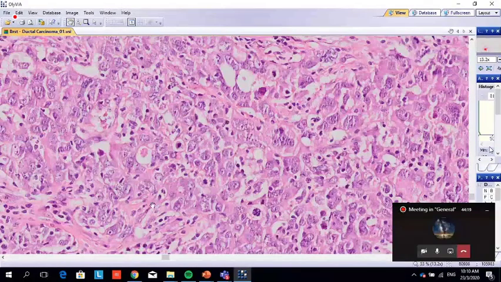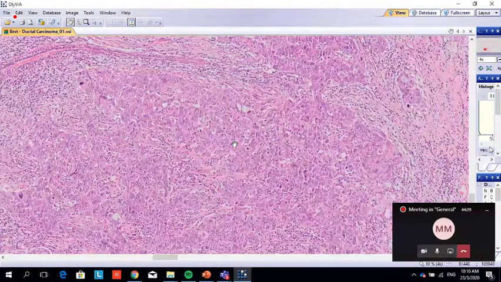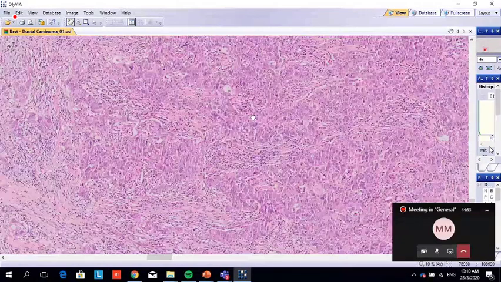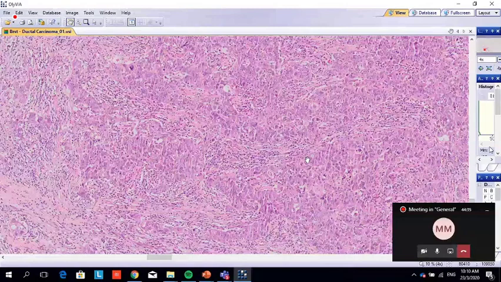Maybe this one is a gland, isn't it? So, what do you think? Is it abundant, a lot? Yeah, a lot of glands. I don't think there's a lot of glands. It is abundant.